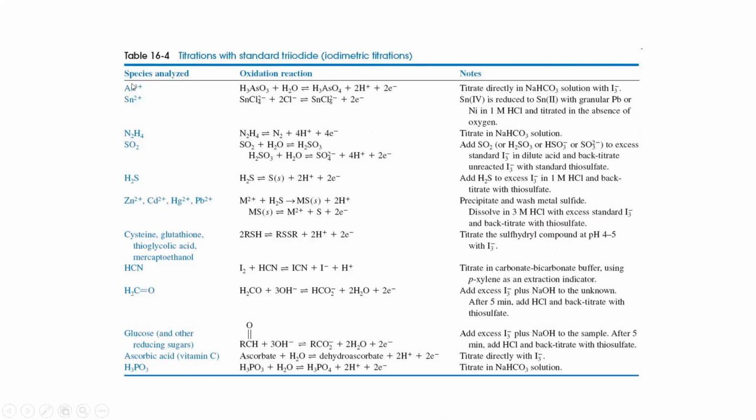So for example, arsenic can be titrated with iodine in sodium hydrogen carbonate solution.